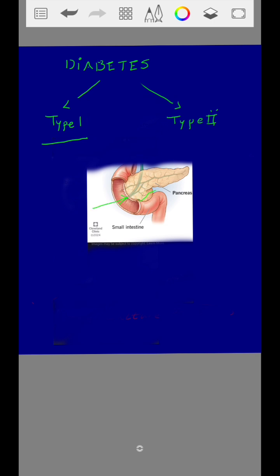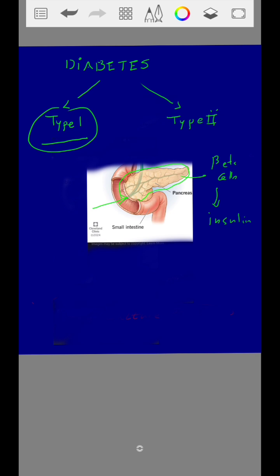This is your pancreas here, and the pancreas has beta cells that produce insulin. So beta cells produce insulin, and type 1 is an autoimmune disease, which means the body basically attacks the beta cells of the pancreas.